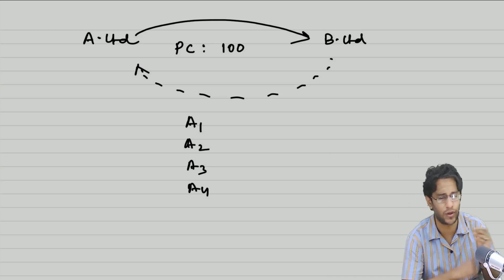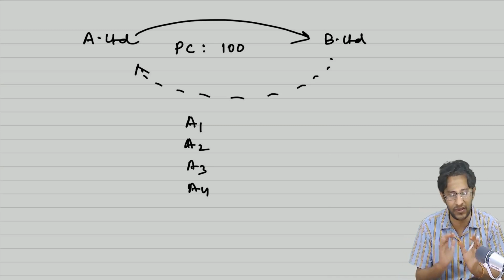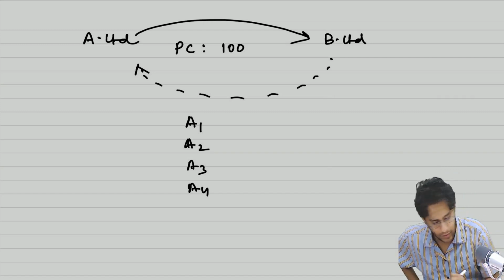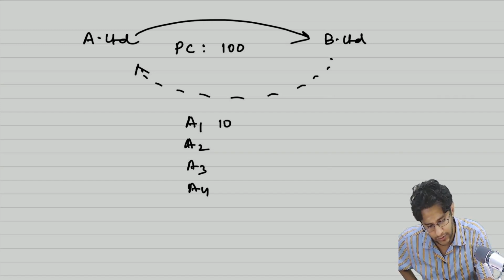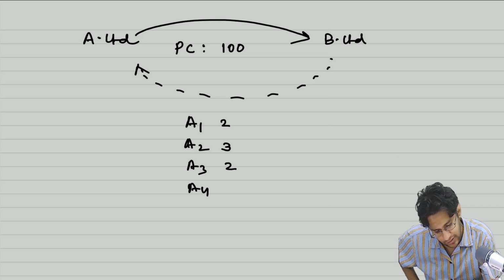Some processes are also there, but prima facie 4 assets. Now, A1's value is 10 rupees. A2's value is, okay, let's make it even simpler. 2 rupees, 3 rupees. This is 1 rupee, or else this is also 2 rupees. So that's how much? 5, 7.